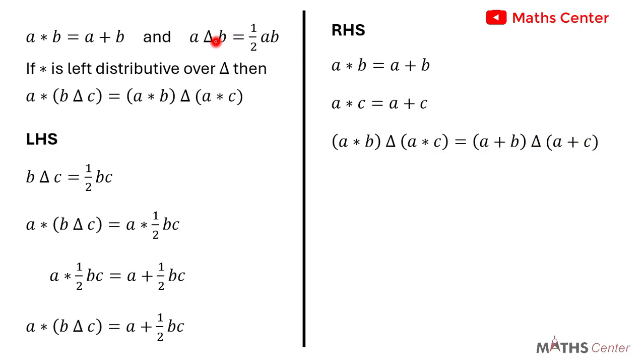Now we can use the definition for the binary operation delta to compute this. The definition for the binary operation delta is A delta B is equal to half times AB.